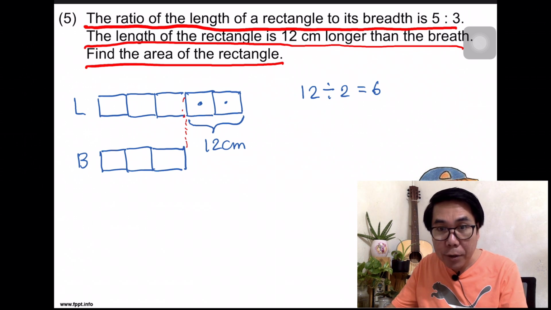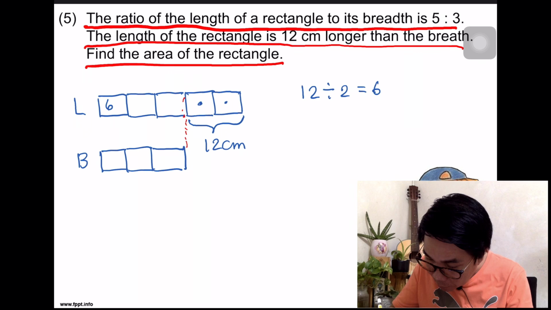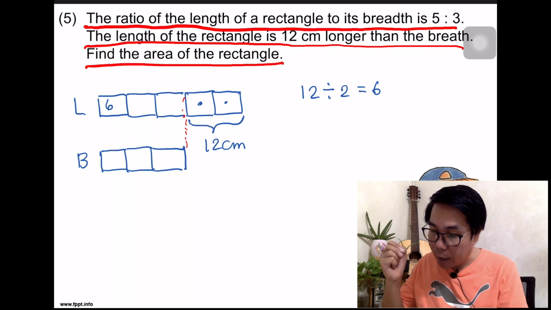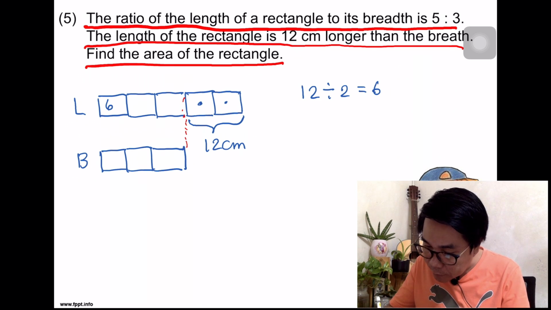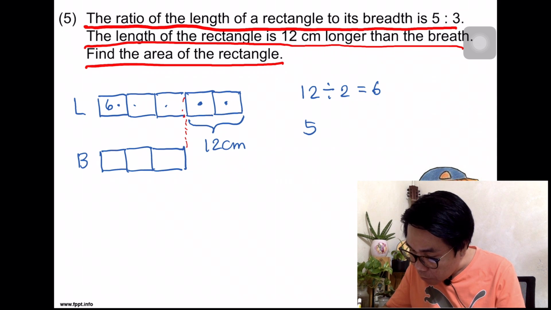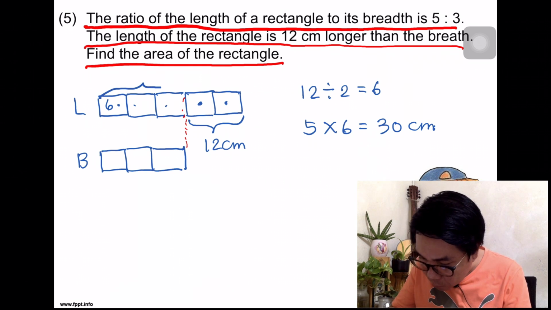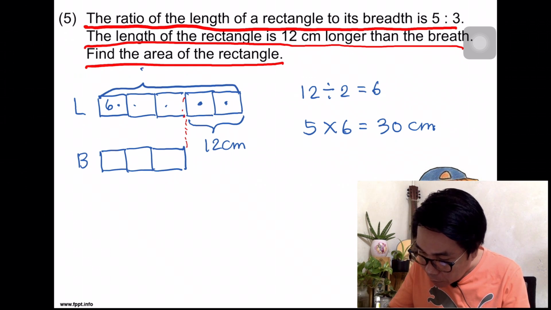So in other words, every unit is 6 centimeters. So this is 6 centimeters here. Now for the length, if there are 1, 2, 3, 4, 5, so it must be 5 units times 6 is equal to 30. So the length is 30 centimeters.